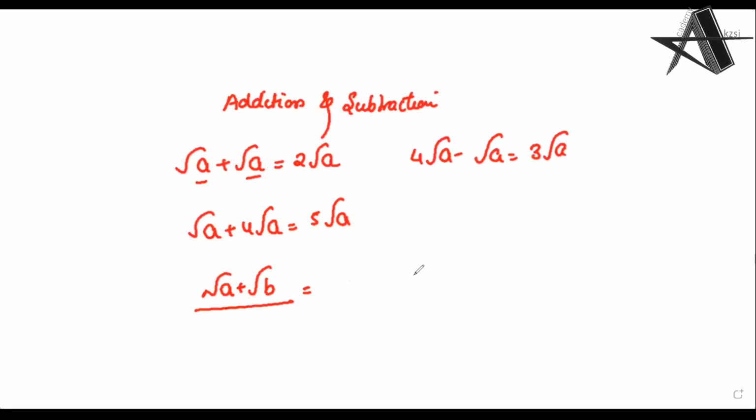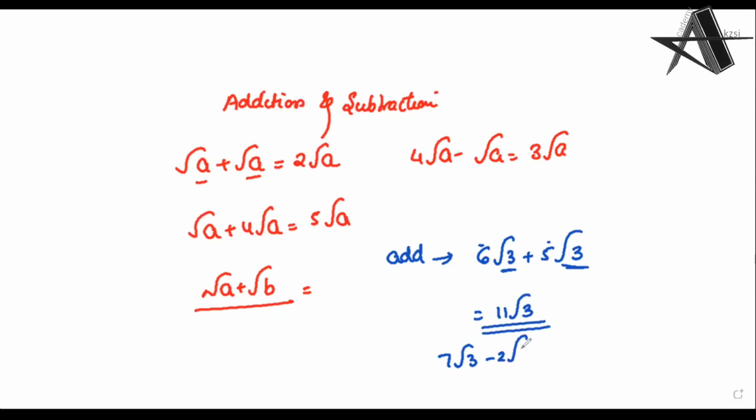Say for example, the question is: add 6 root 3 plus 5 root 3. Clearly root 3 has the same base number, so you can add them. 6 plus 5 is 11. 11 root 3 will be your final answer. Or you want to subtract 7 root 3 minus 2 root 3.